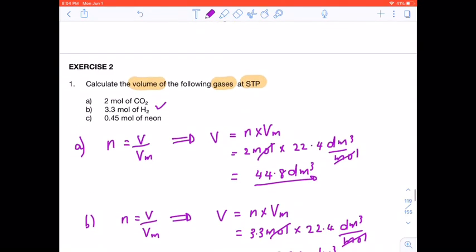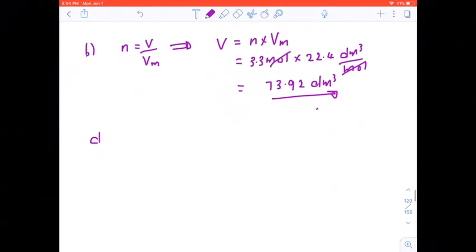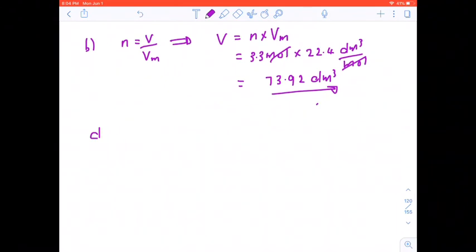Right. Then we're looking at what would be the volume of 0.45 moles of neon, right? Neon is a monoatomic gas, right?